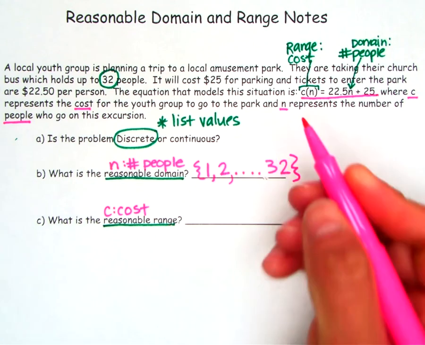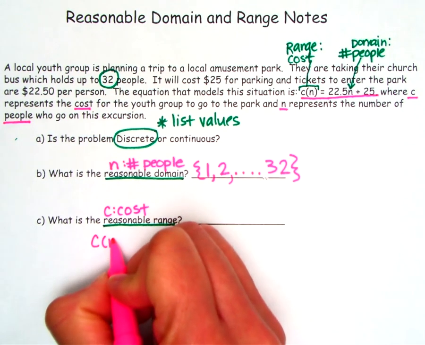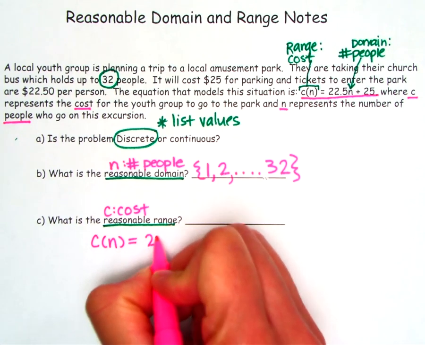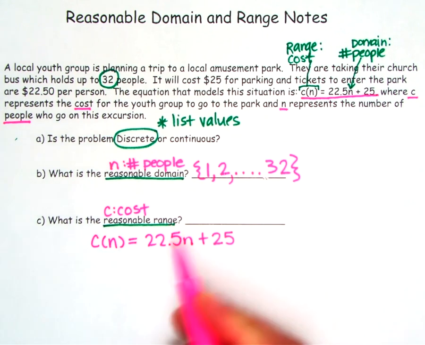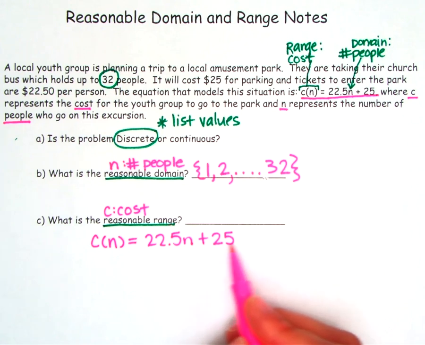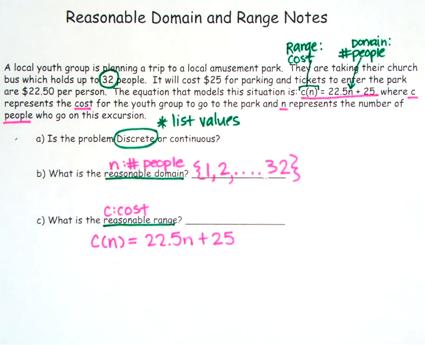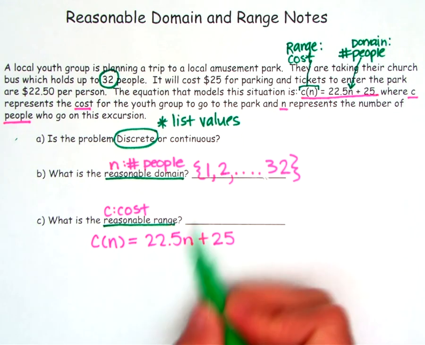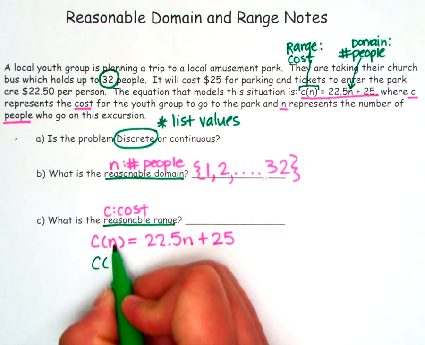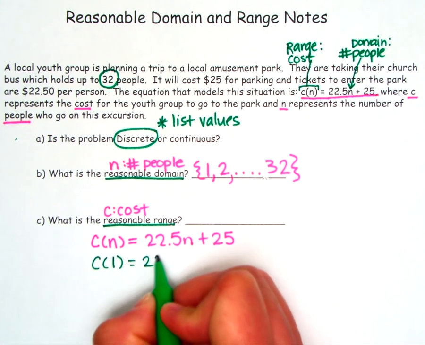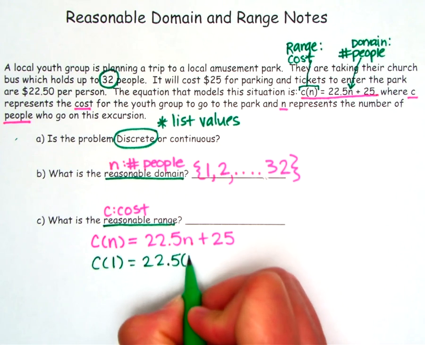So if I take the equation, C(n) = 22.5n + 25, this is telling me 22.5 is the cost per person, plus 25 is the fee that they have to charge to park. So what we need to do is identify how much it would cost to take 1 person on this trip. So I'm going to plug in 1 for n into this equation to identify the cost.